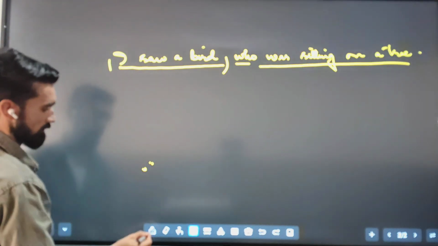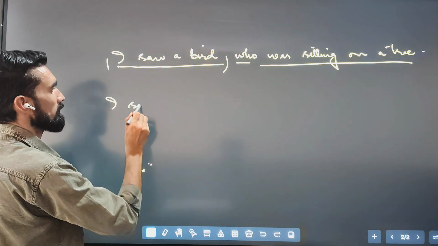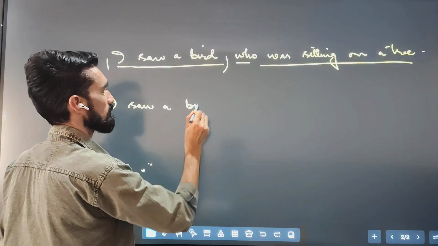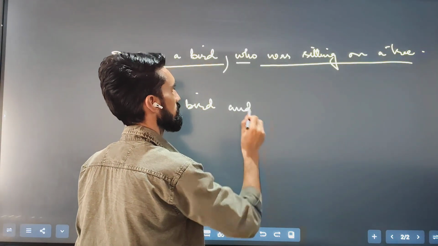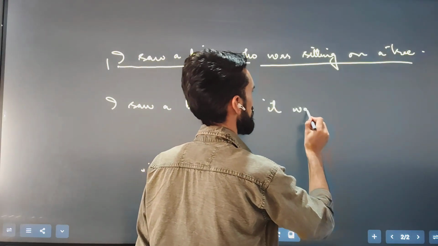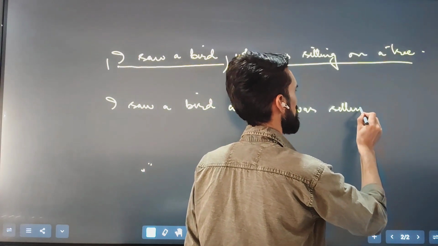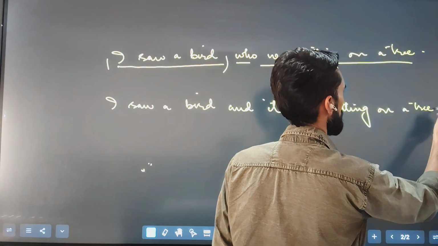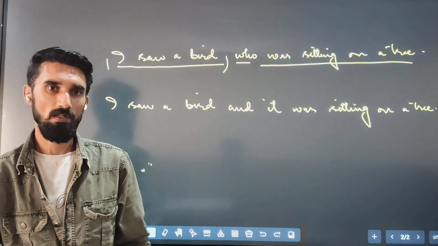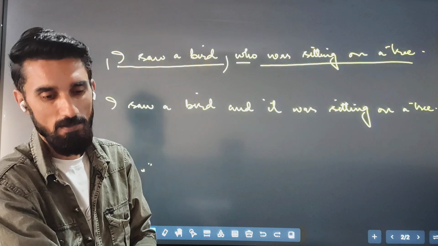I saw a bird and it was sitting on a tree. See now, you have two independent clauses.